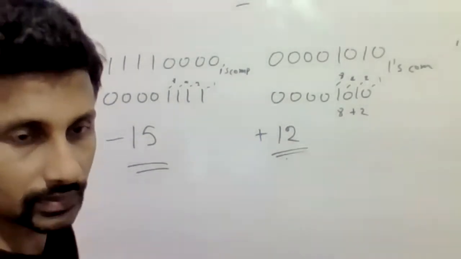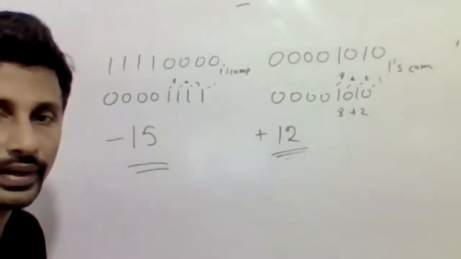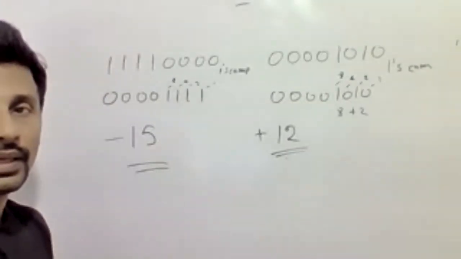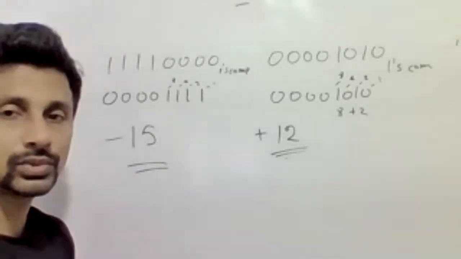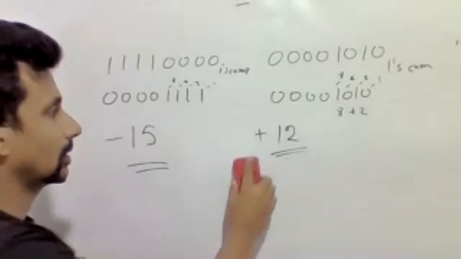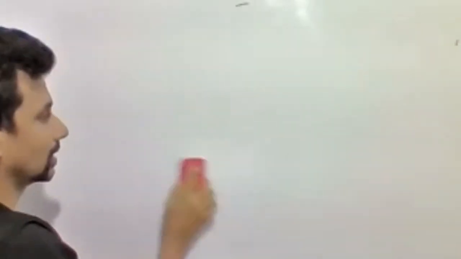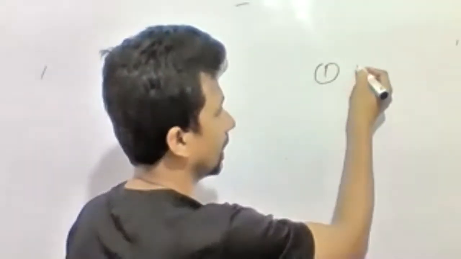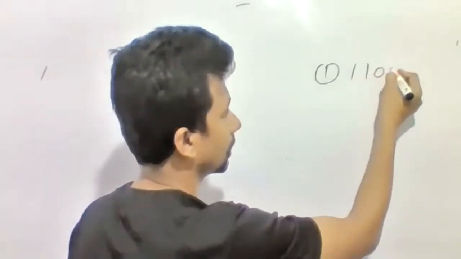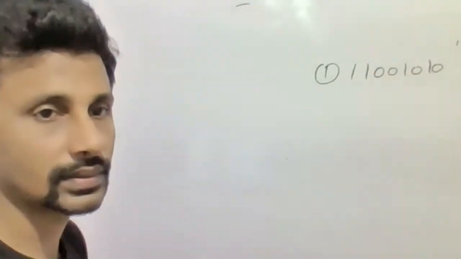Okay, I will give you some questions. Write down like this: convert the following one's complement numbers to their decimal numbers.